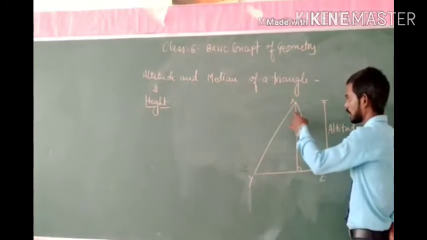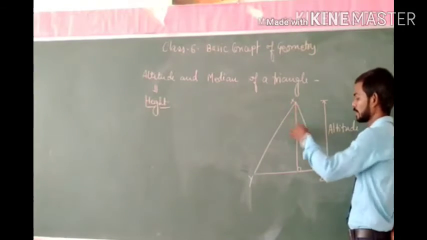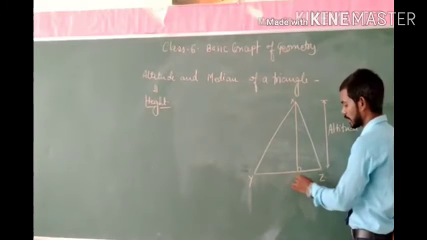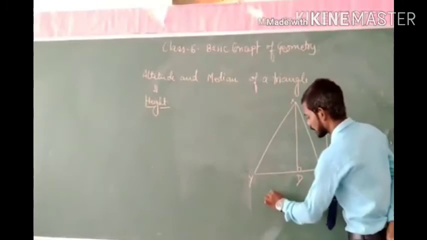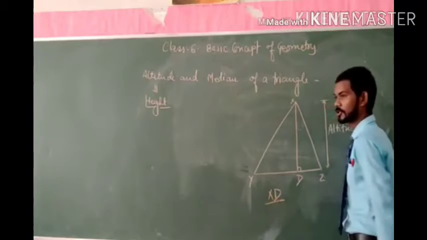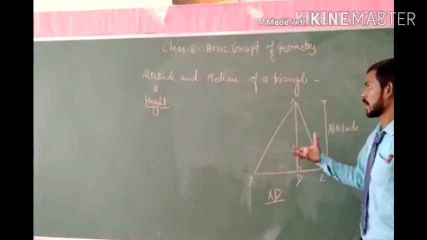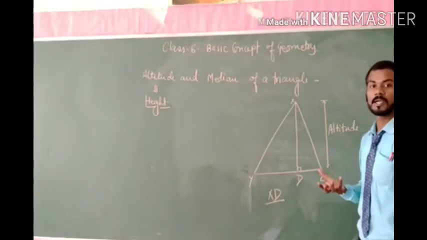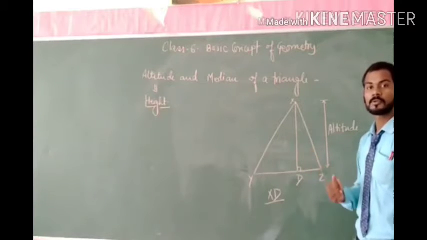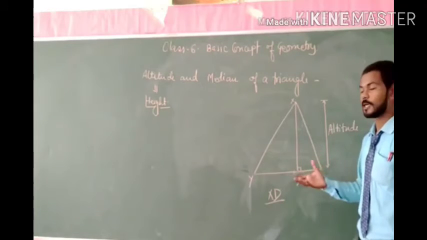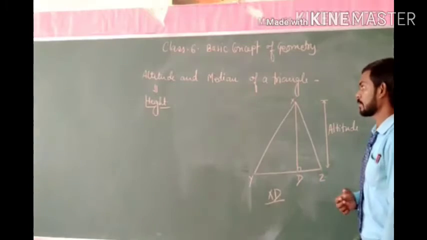Let us suppose that the perpendicular line which passes through the point X intersects the base at the point D. Then we say that the line segment XD is the altitude of the triangle XYZ. I hope that the definition of altitude is clear to everybody.